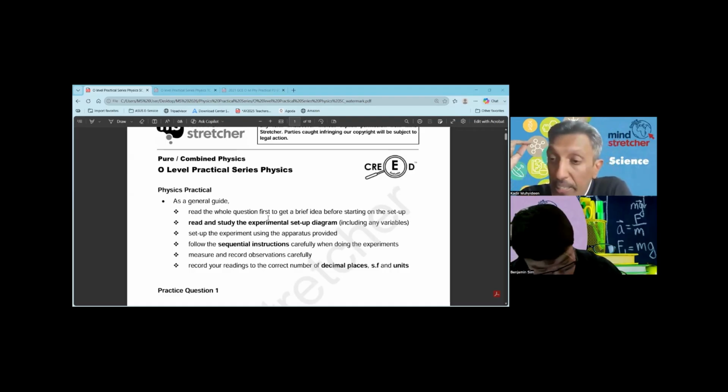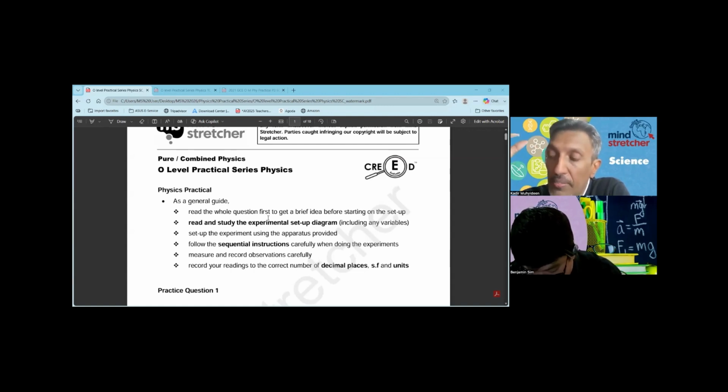So remember, guys, when it comes to practical, you must read the whole question and get an idea of what the experiment is all about. At least get a brief idea, and also look at the diagram. Always look at the diagram, and from it you see the setup.